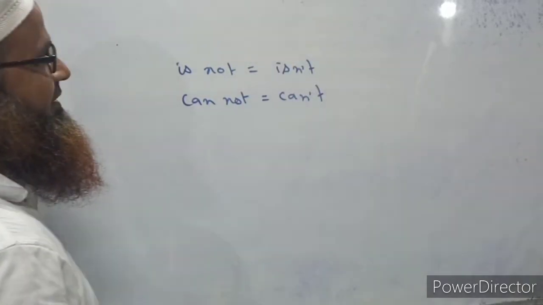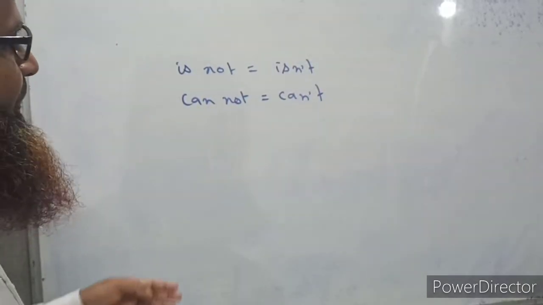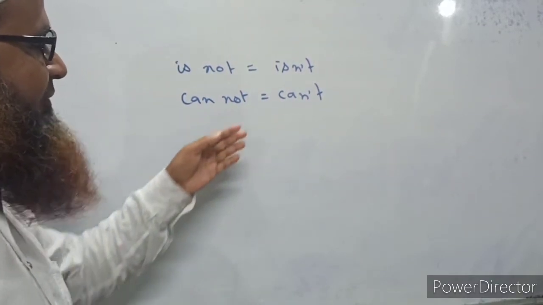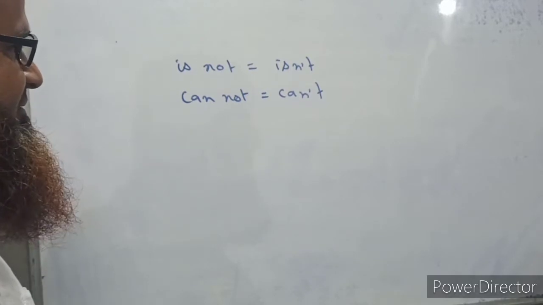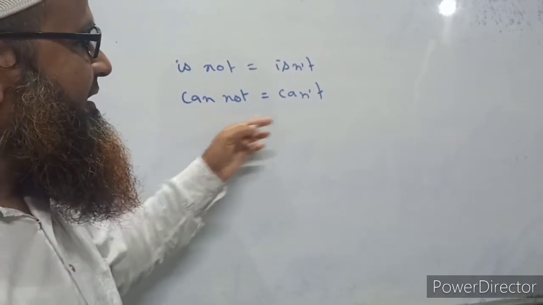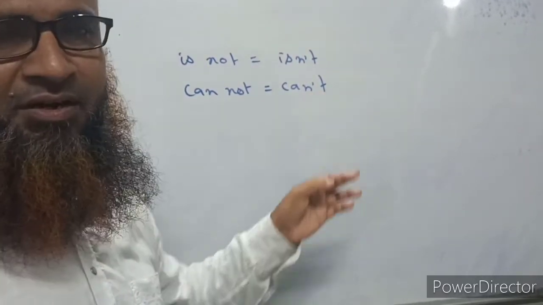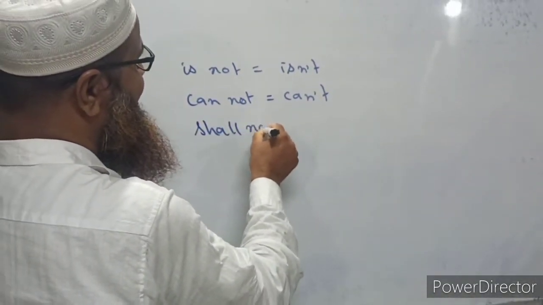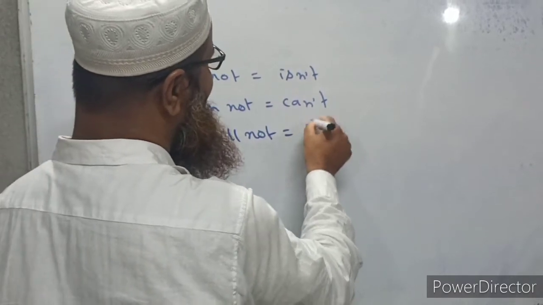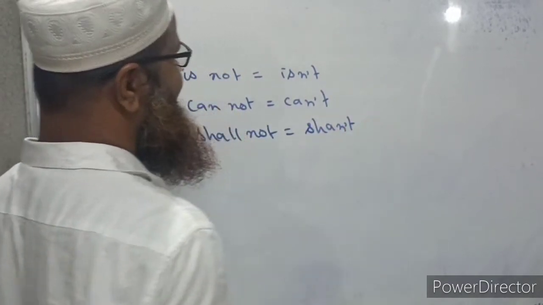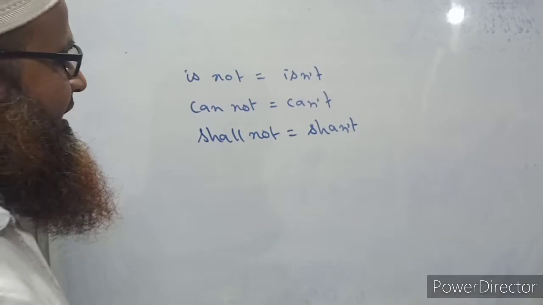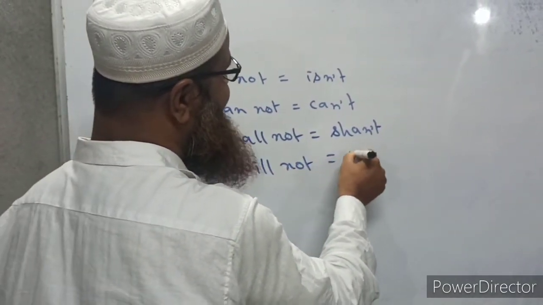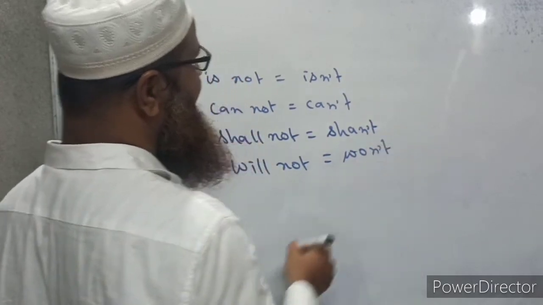We should carefully see the difference in spelling: cannot and can't, single n and t coming here only. Then shall not. Shall not in contracted form will be shan't, not shalln't. In this way, will not will become won't. These are the forms.